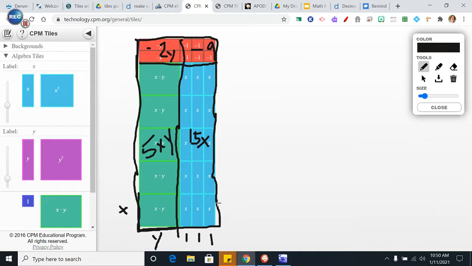And you could do it on this side too. The longer side is X, so each of these is X. You don't have to. Or you could do it on this side. Each of these is X.